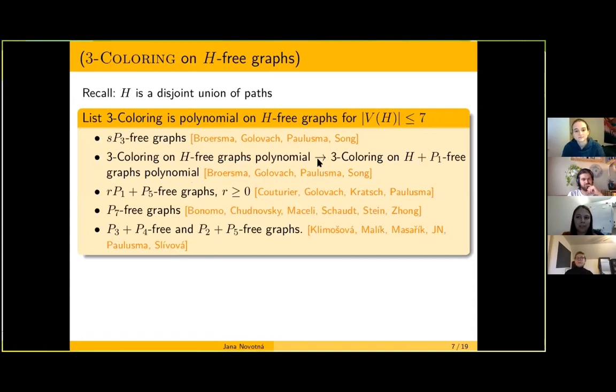This theorem is a combination of a few independent results. And 2 years ago, we did the last piece by finding a polynomial-time algorithm for P3 plus P4 and P2 plus P5 free graphs.